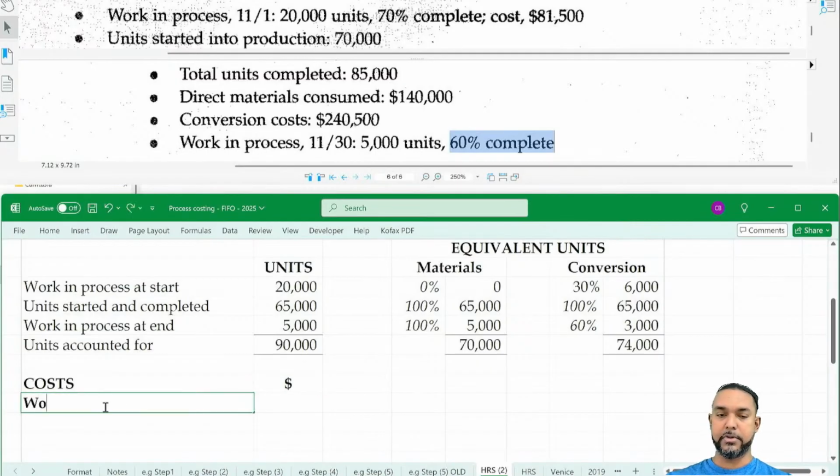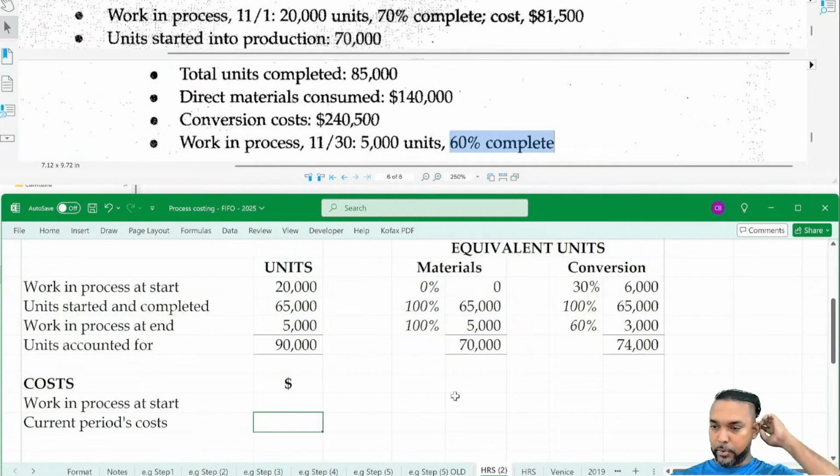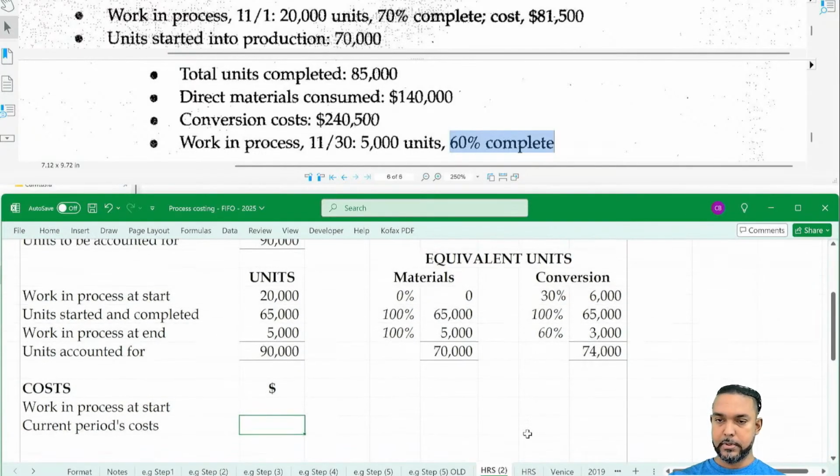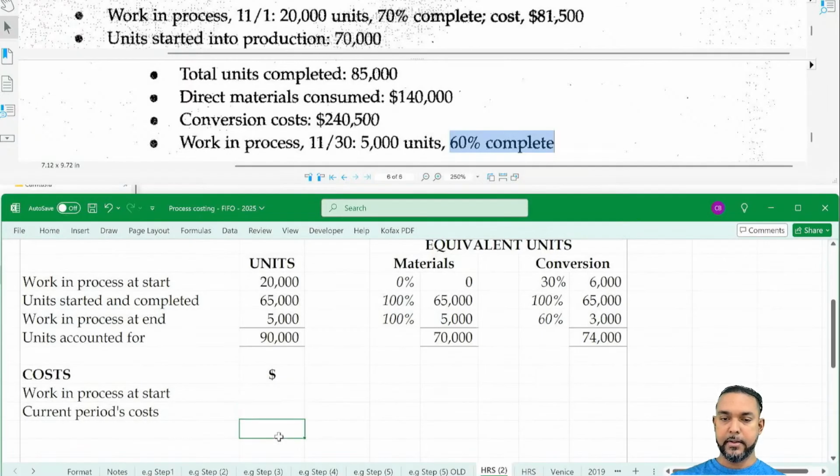We have work in process at start, and then the current period's costs. I'll hold it up there so you guys can plug in the figures, and I'll give us the costs to be accounted for.